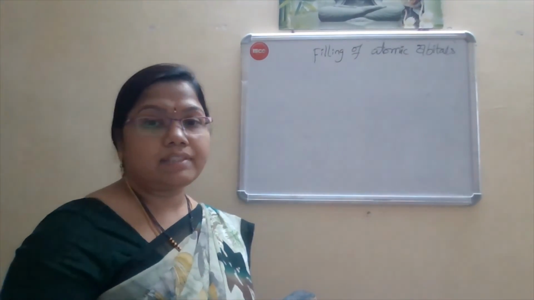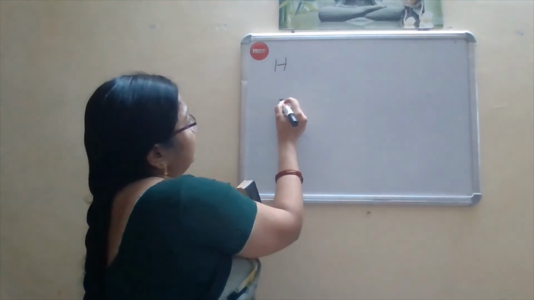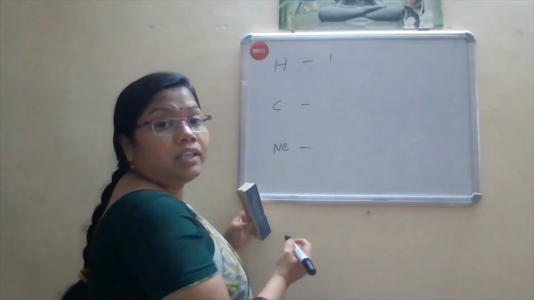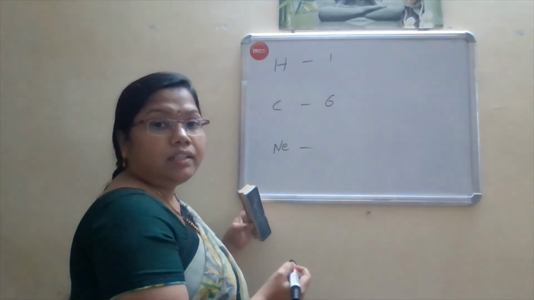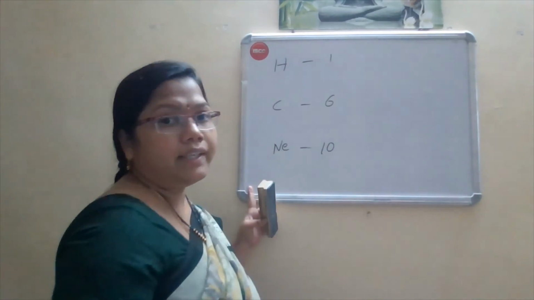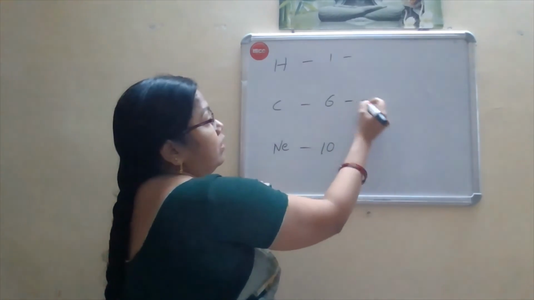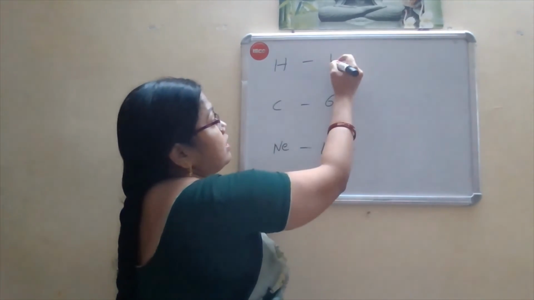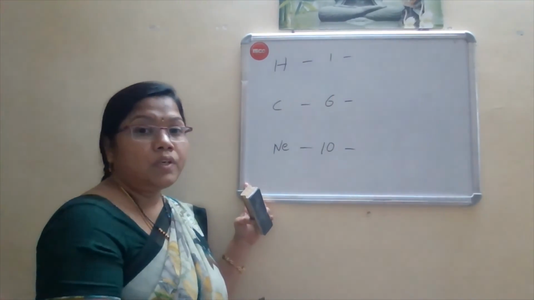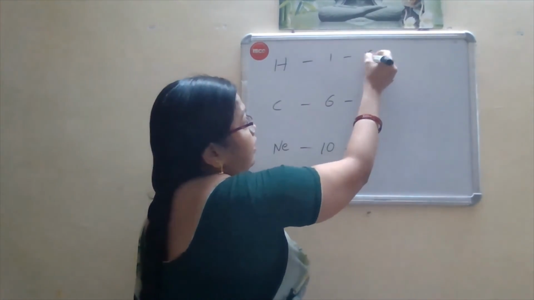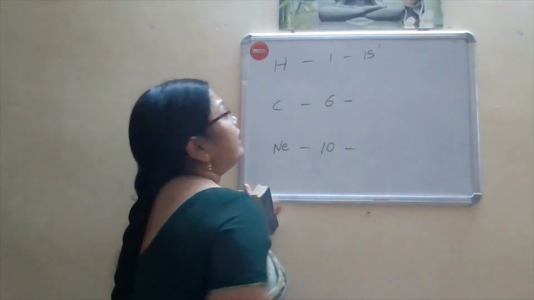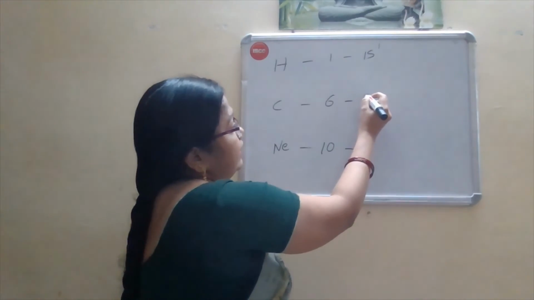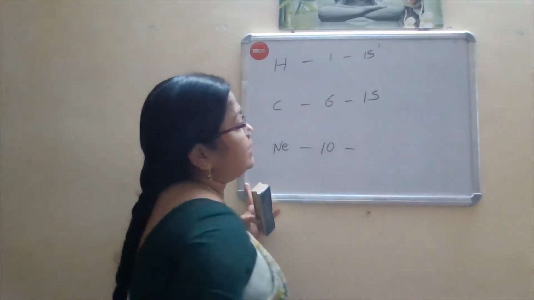Let's see some examples: hydrogen, carbon, neon. Hydrogen atomic number 1, carbon atomic number 6, neon atomic number 10. Electronic configuration of hydrogen: the electron enters into the 1s subshell, 1s1. For carbon, first electrons enter into 1s.